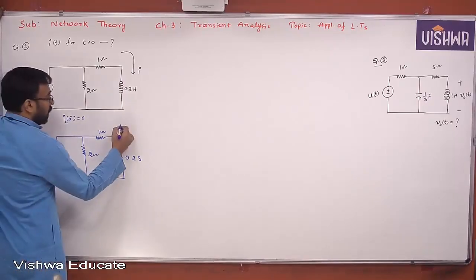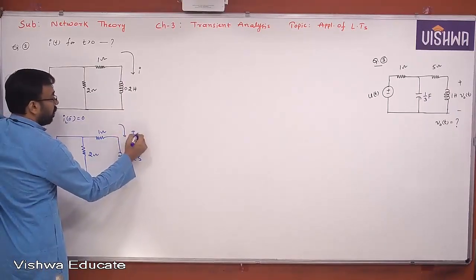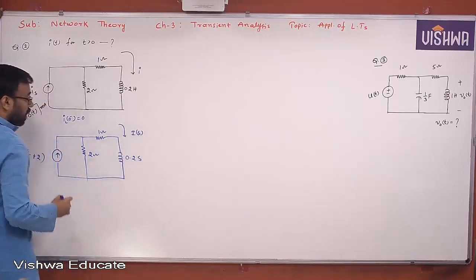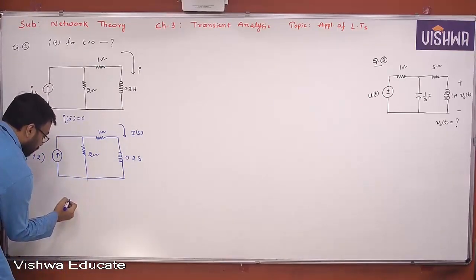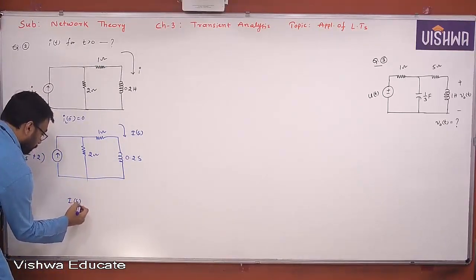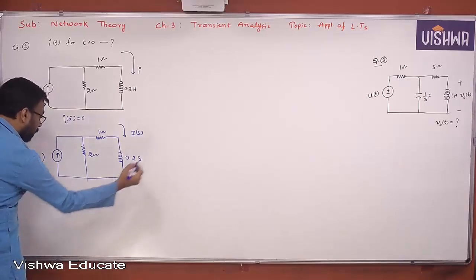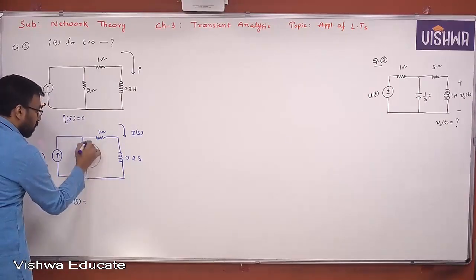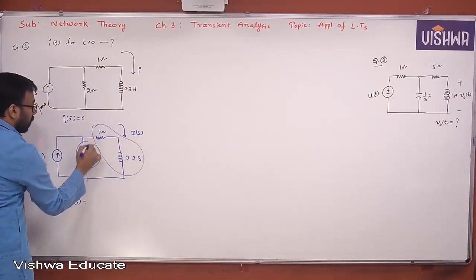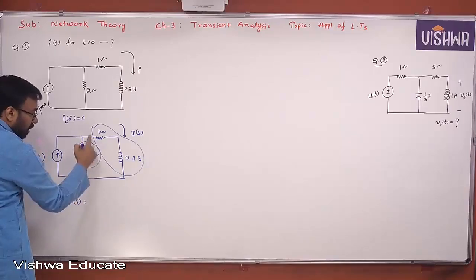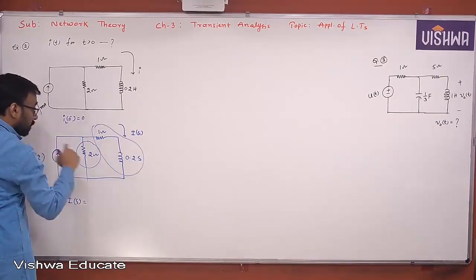Then what is this actually here? Now this is going to be I(s). These two are two parallel paths. One parallel path consists of Z1, the other parallel path consists of Z2.